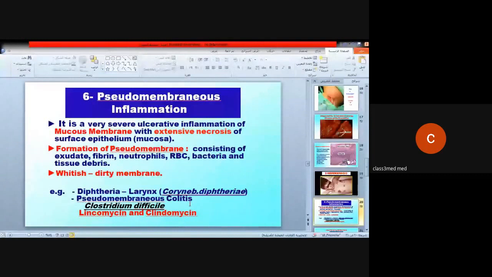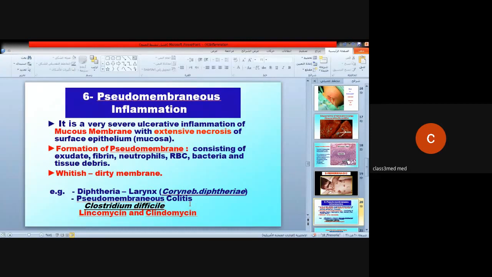The patient develops colicky abdominal pain with diarrhea. When the patient develops abdominal pain and diarrhea with fever, this antibiotic should be stopped. Nowadays, lincomycin and clindamycin are not prescribed to patients and are given only when there is allergy to other antibiotics.